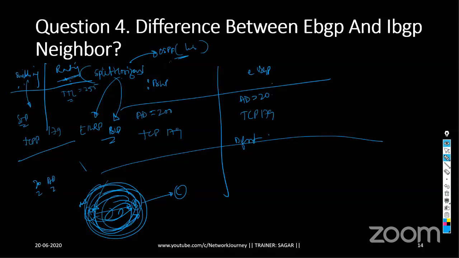So there is the least possible chance of having a loop. Whereas in the case of EIGRP and BGP, one is distance vector, one is path vector. They don't know the entire flow of the path. Okay, they just send to the neighbors, and then the neighbor will take care of the other person, and so on, they move on, right? So there can be loop avoidance.